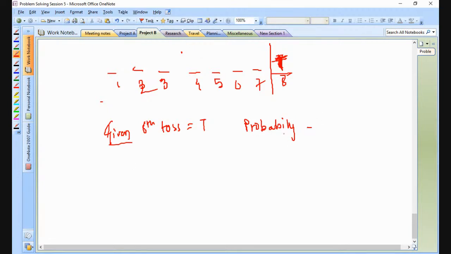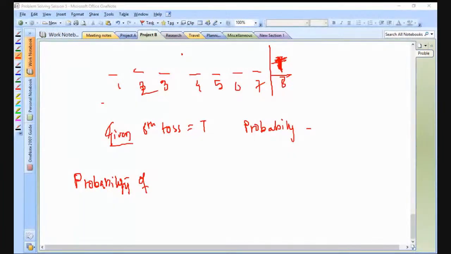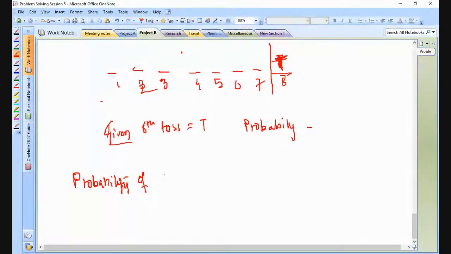The required probability, okay, so I will write it in this format: the probability of no 3 consecutive heads given the 8th toss is equal to tails. This probability is what?